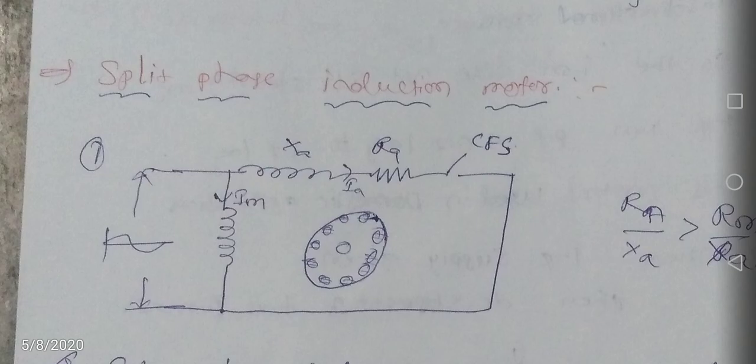XA is the auxiliary reactance, and RA is the auxiliary winding resistance. CFS is the centrifugal switch.